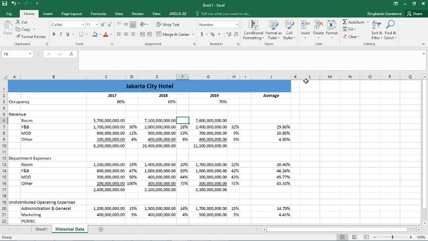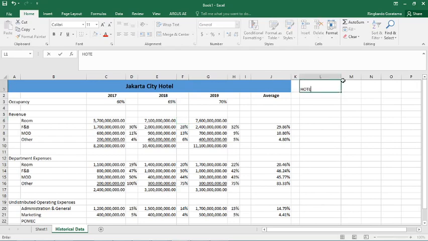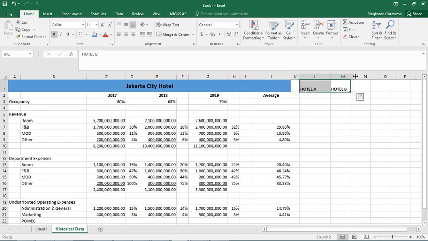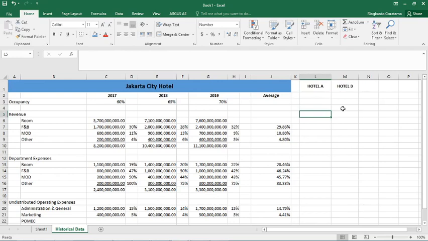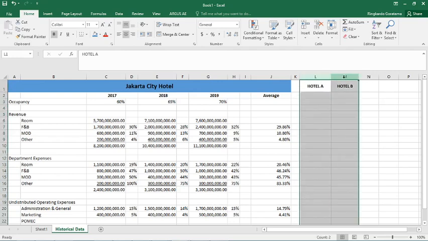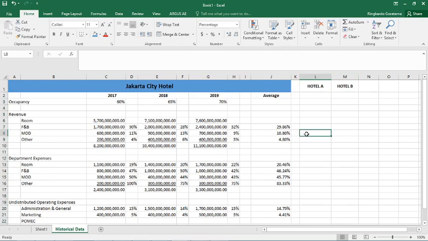and we have another comparable, let's say, Hotel A and Hotel B. Hotel A, we do also the same analysis, and the percentage is 29.